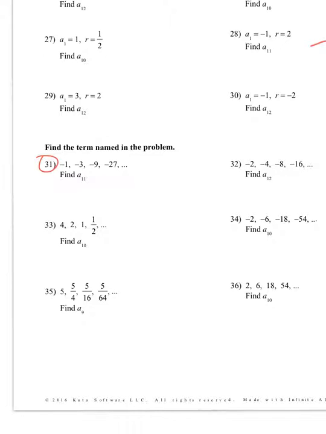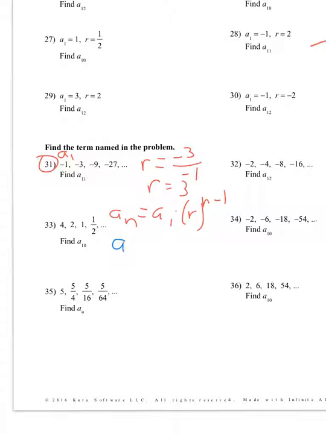So if you notice, a1 is negative 1. To find r, I take a term and divide by the term in front of it. So negative 3 divided by negative 1, which is 3. So now I'm going to use an equals a1 times r to the n minus 1 power.